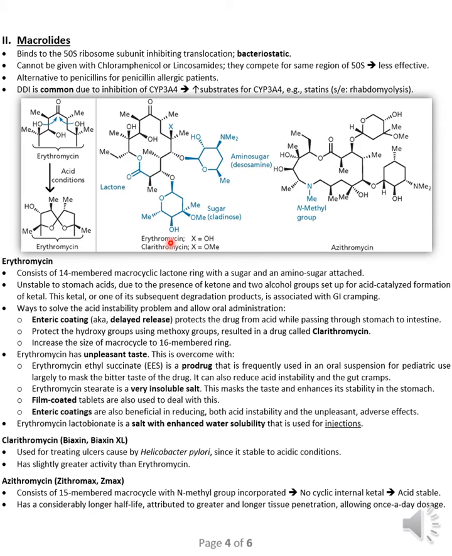And this reminds us of azithromycin, which, although it is not 16 but a 15-membered ring with a different structure, does not allow for this internal ketal cyclic reaction to occur. So it is acid stable, and you might imagine that it can also be used for Helicobacter pylori, although there are not enough studies to show that.